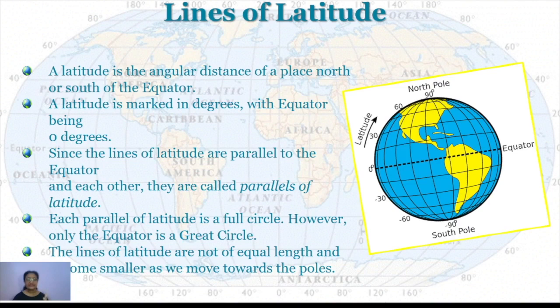So if you see all the different lines of latitudes, only the equator divides the earth into two equal halves, and all the other lines of latitudes are not of equal length. As we go from the equator towards the two poles, you will find the lines of latitude decrease in length.